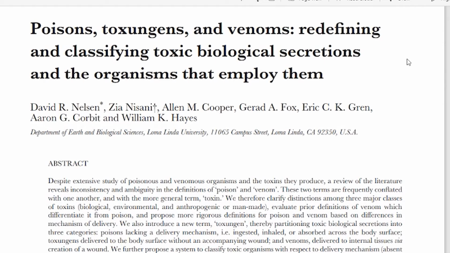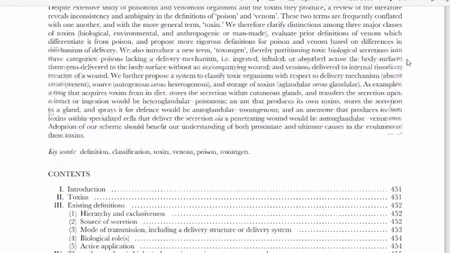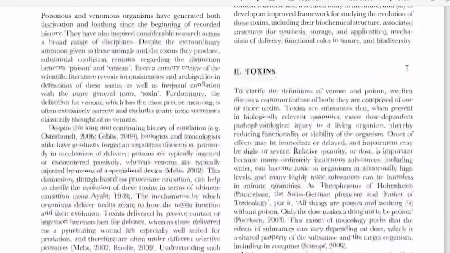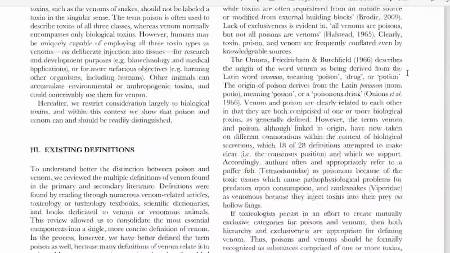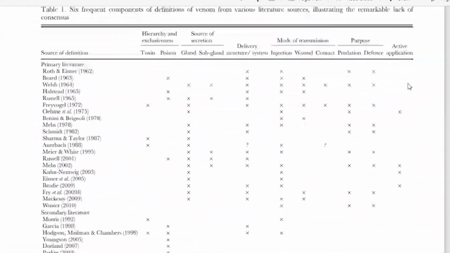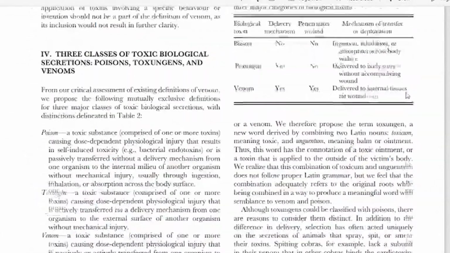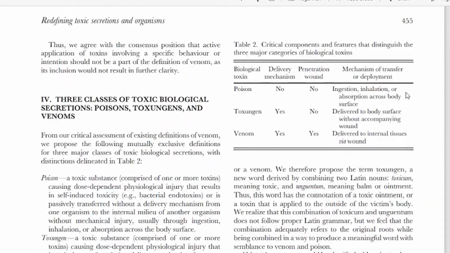What if there's an animal that actively uses its toxins but doesn't really inject it into its prey? What would you call those? A group of scientists specialized in the study of toxic animals came together to redefine and classify toxic biological secretions and the organisms that employ them. The study aims at dropping the ambiguity of the definitions we talked about earlier and including more organisms that were excluded from the two definitions.